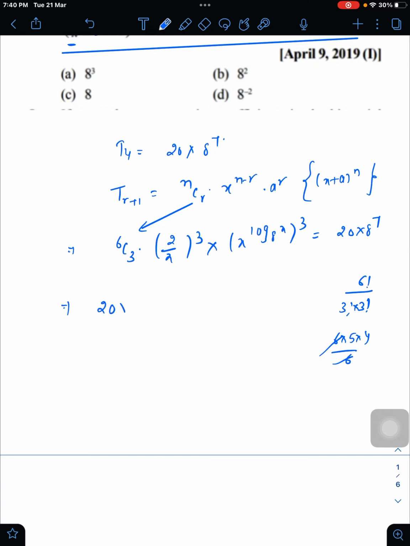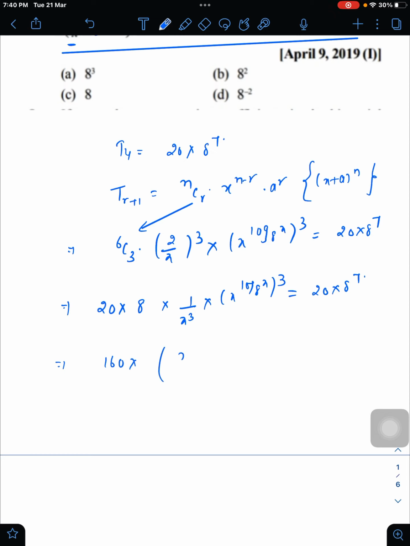So 20 into 8 into 1 by x cube into x to the power (log 8x) to the power 3 is equal to 20 into 8 to the power 7. This can further be written as 160 into x to the power (log 8x) by x to the power 3 equals 20 into 8 to the power 7.